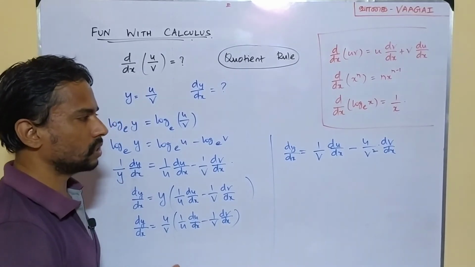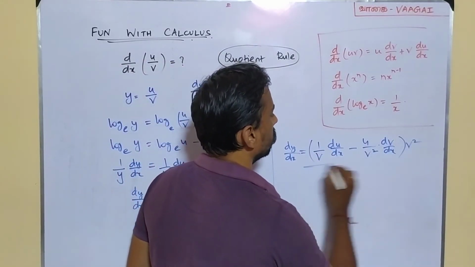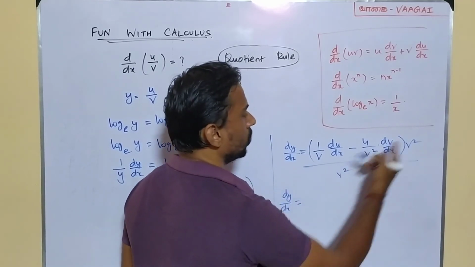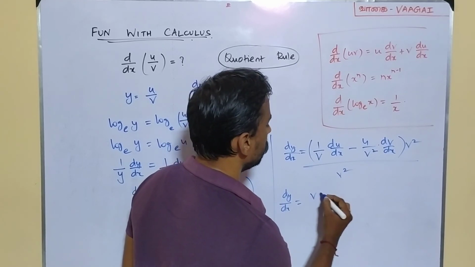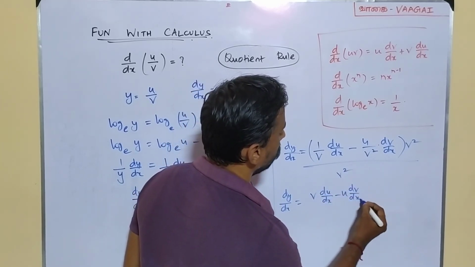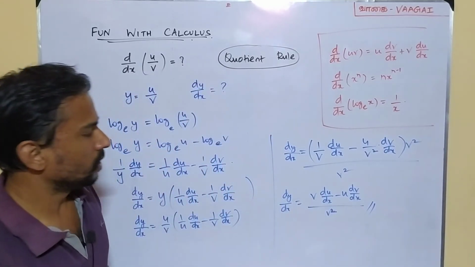So again I can do the same thing we have done there. I'm just multiplying and dividing by v square, so that dy by dx is equal to, as usual, v du by dx minus u dv by dx, whole divided by v square. So that's it. This is going to be the derivative.